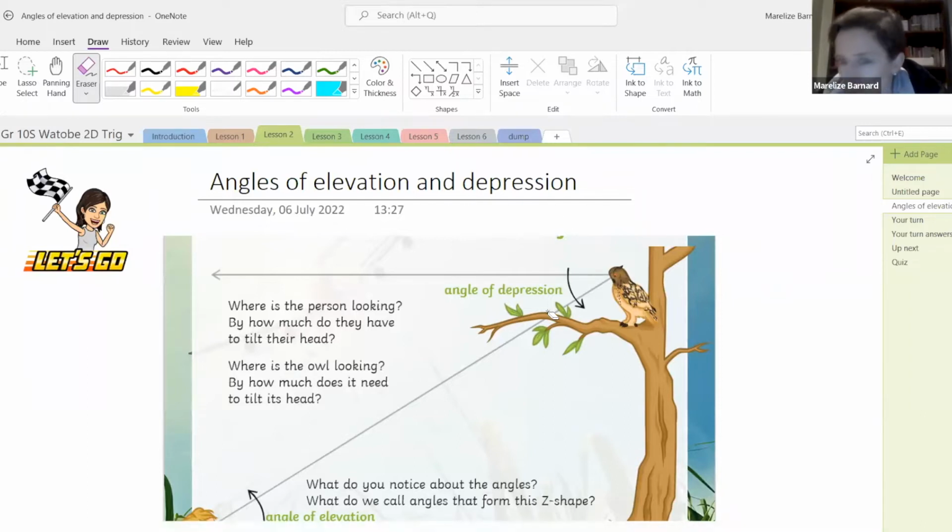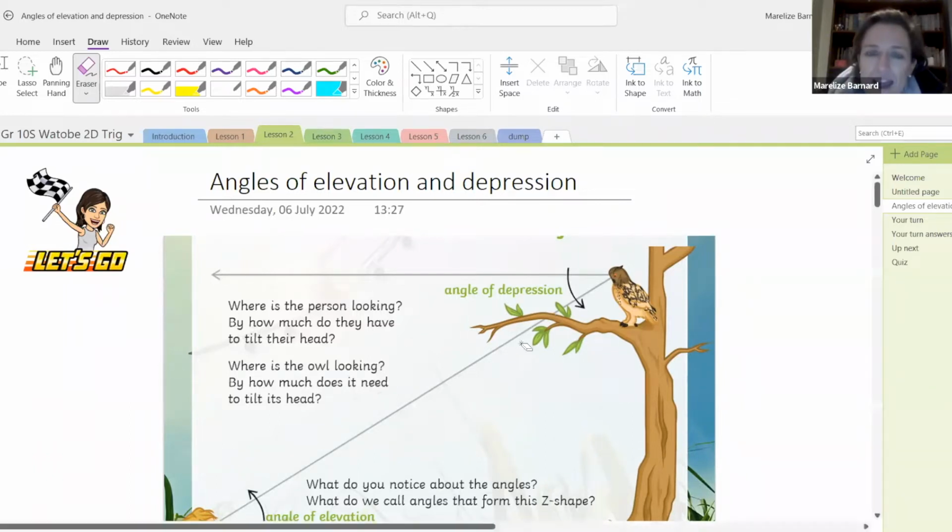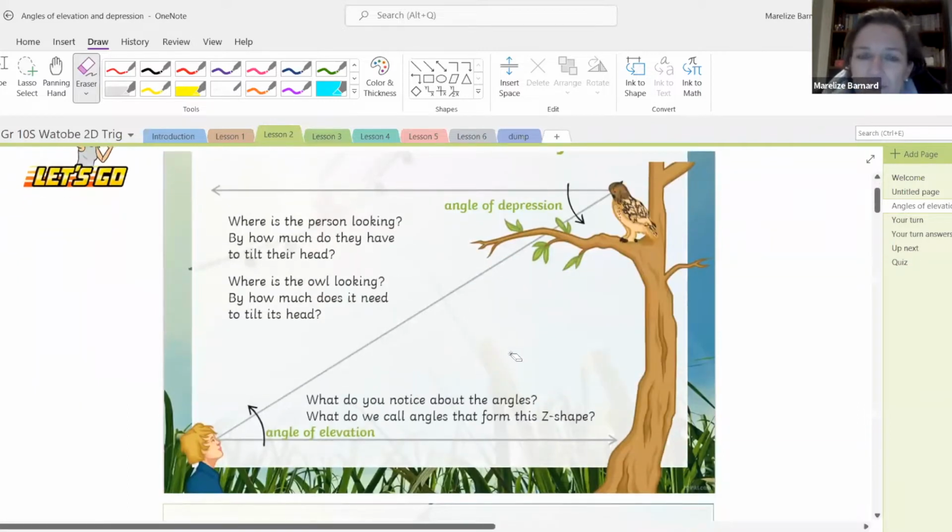Hello, ma'am. My answer is angles of elevation and depression are measured in the vertical plane from the horizontal plane. Oh, those are big words, Monica. Yeah, you are right. But our angle of elevation, so say I'm standing somewhere like this boy here.